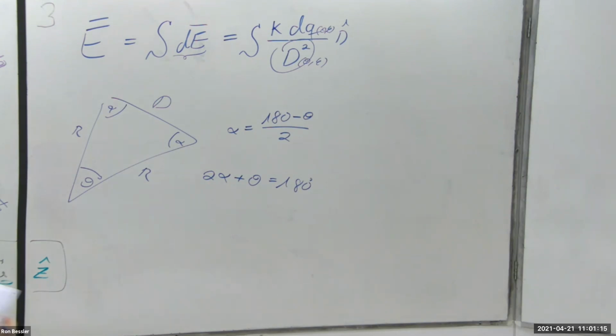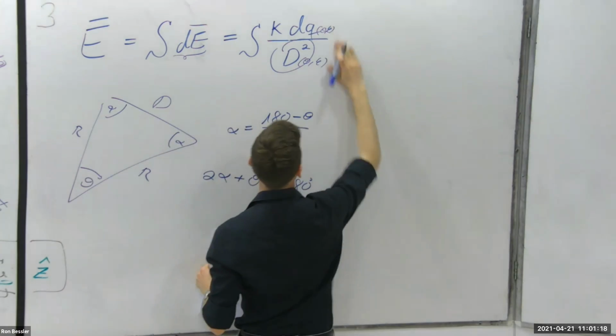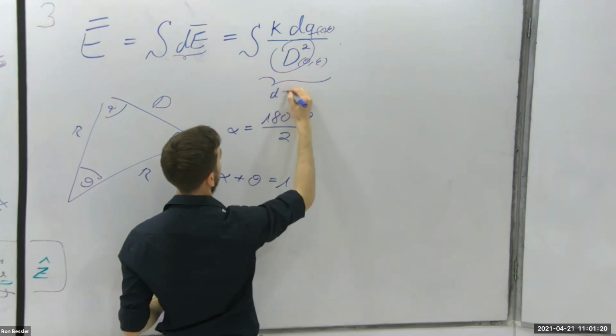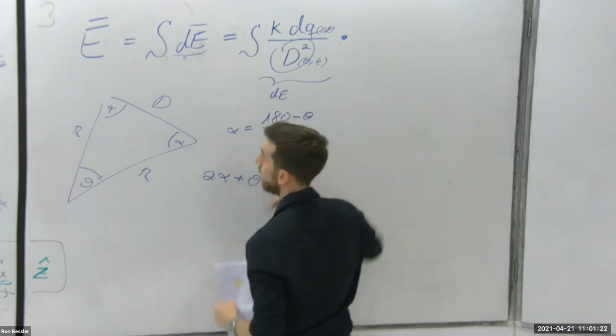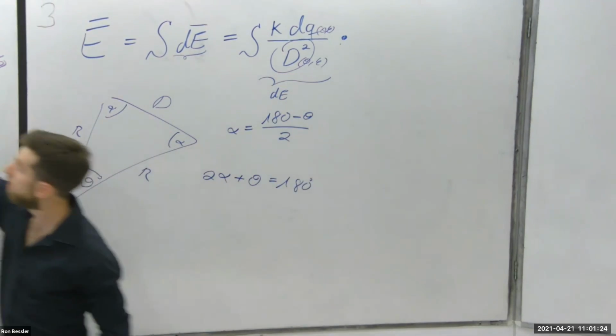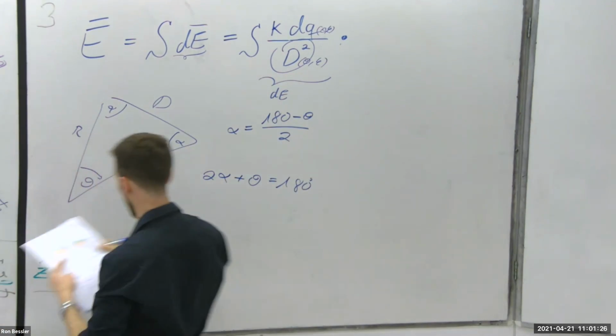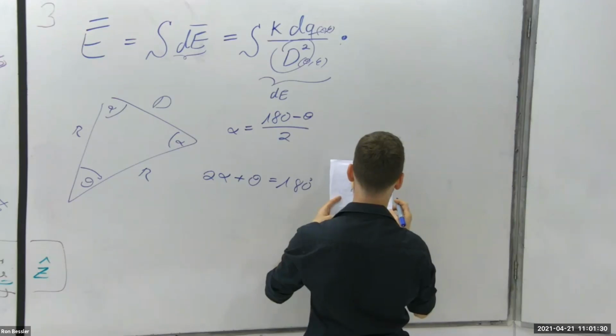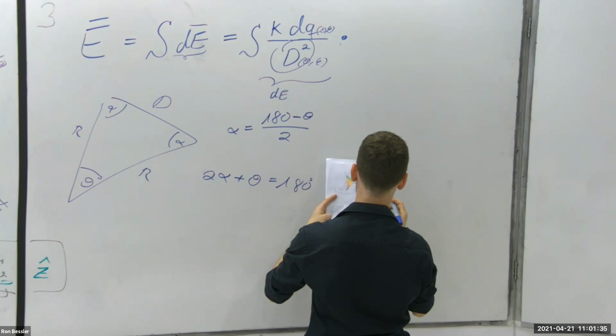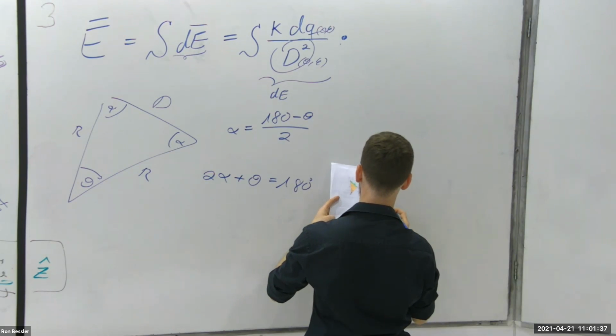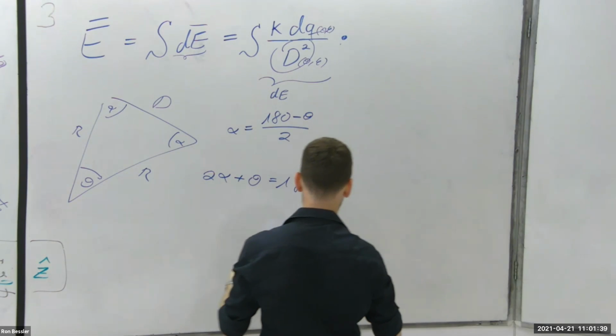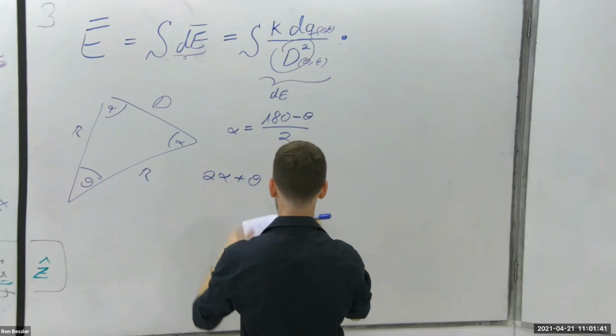What is the connection? This is dE, and here I need to put some correction, which is sine alpha. Wait, I just want to be sure.